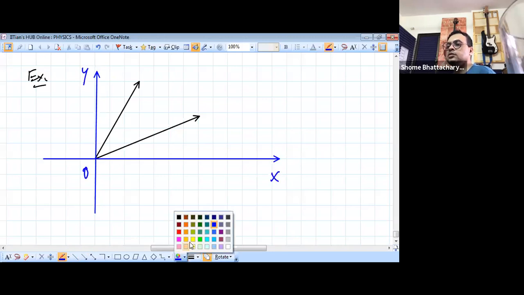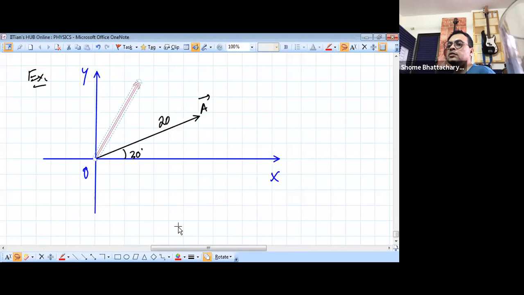Now suppose this one is the vector A. It is given to me, it has a magnitude of 20 and this angle is 30 degrees. Okay. And suppose this one is now given to me as a vector B. It has a magnitude of 10 and let us say this angle is 30 degrees. Okay. So A and B are in the xy plane as shown.